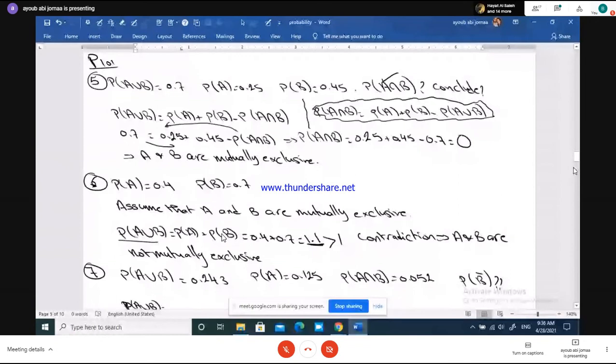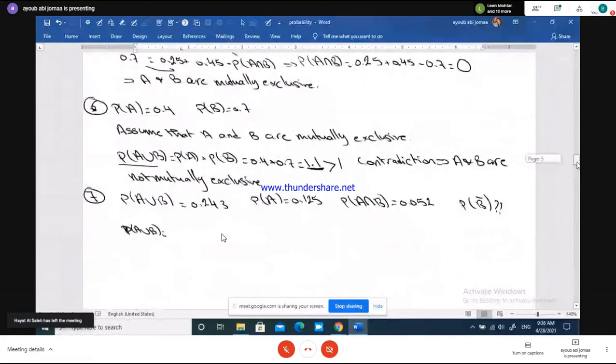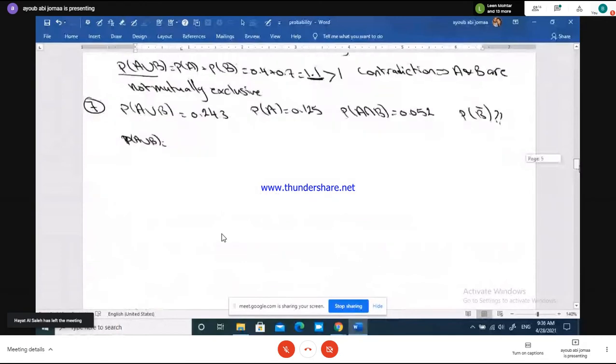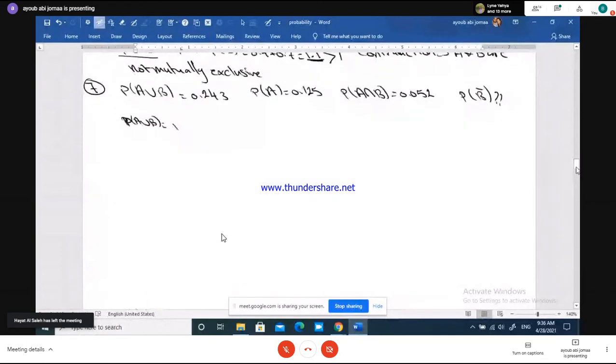A union B equals PA plus PB minus PAB. Probability of A union B, it's probability of A plus probability of B minus the probability of the intersection.